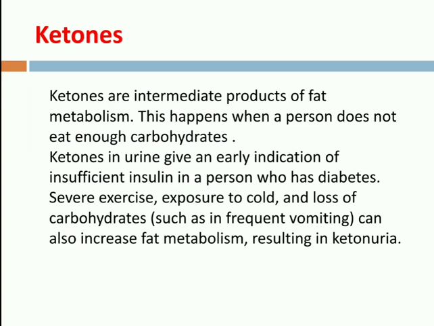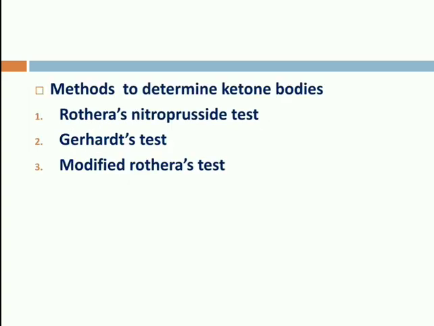Ketones can even be seen during severe exercise, exposure to cold, or loss of carbohydrates, resulting in ketonuria. Methods to determine ketone bodies in urine are Rothera's nitroprusside test, Gerhardt's test, and modified Rothera's test.